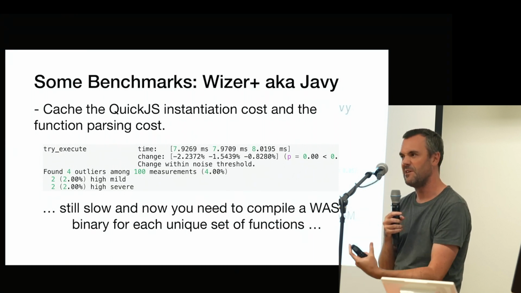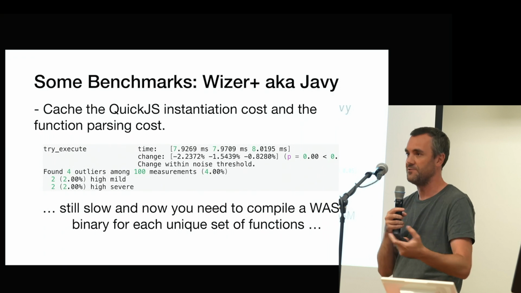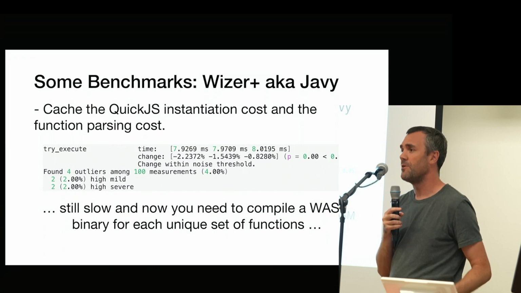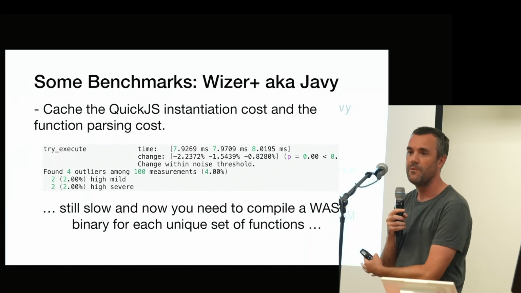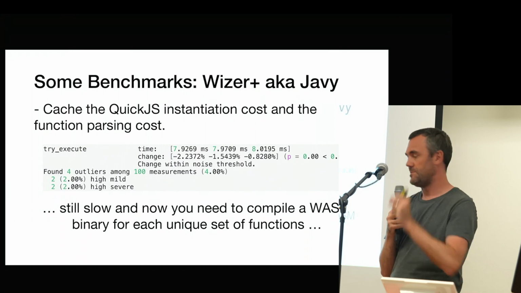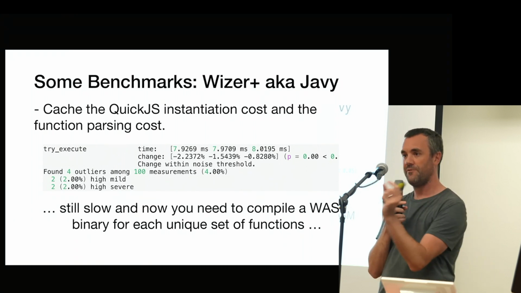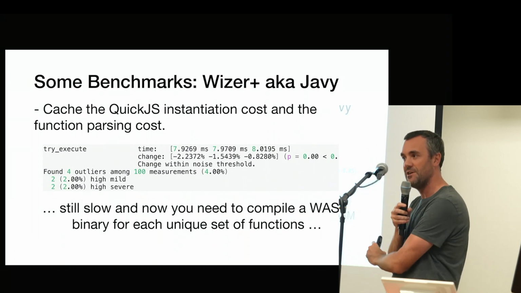Because you can imagine it might take a little bit of time to interpret that JavaScript string and make sure it's valid and do stuff like that. But it's bizarre because they've put a lot of effort into this tool chain and basically it's unmeasurable, or, you know, very, very tiny benefit. But it comes with a massive downside. Now they have to ship all of these WebAssembly files around, which are single purpose, rather than a generic interpreter.